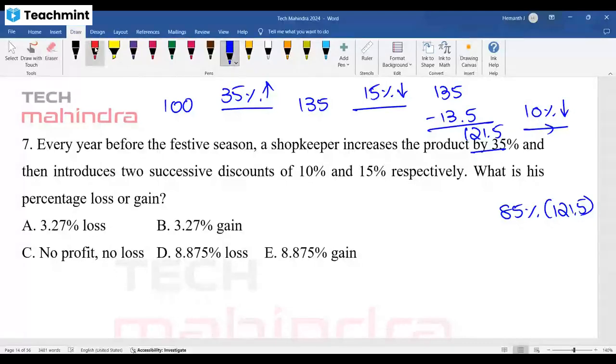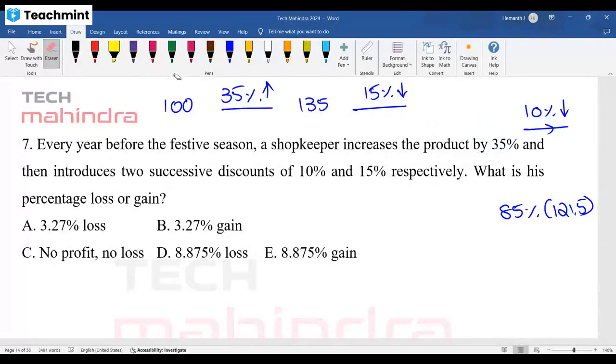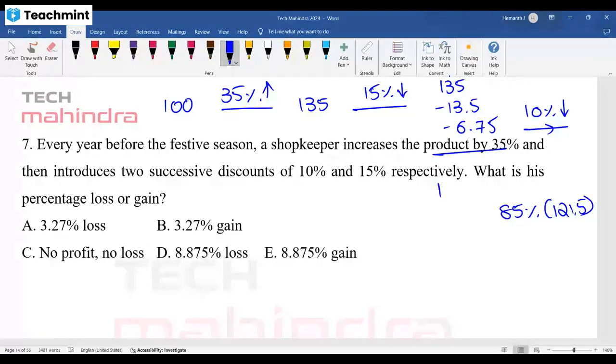5%, 10% discount is 13.5. So 135, 13.5. This is 6, 14 means 7, so 6.75. Okay, so 20.25, 20 gone means 115. So I think 119.75 will come, not 149.